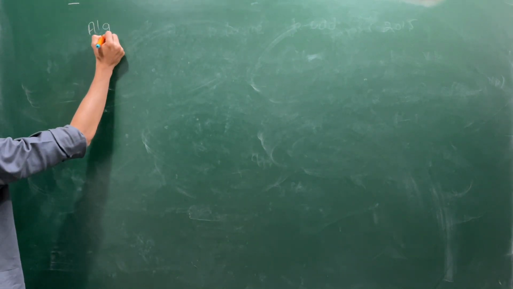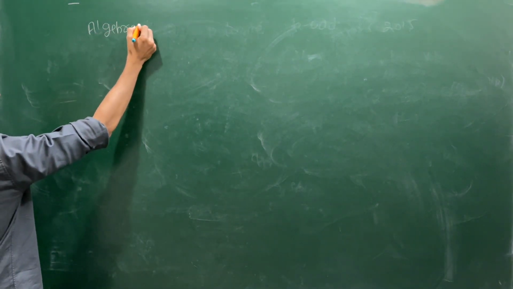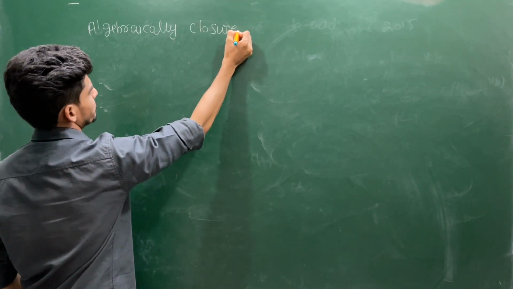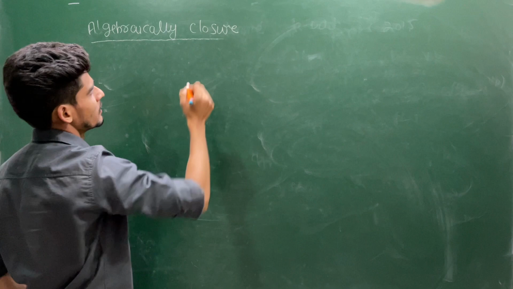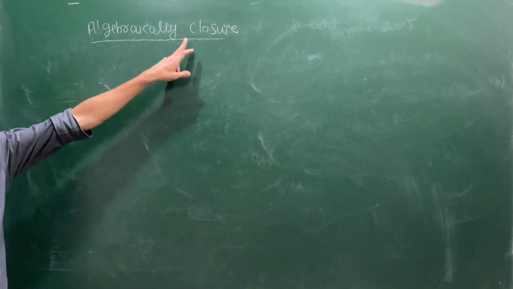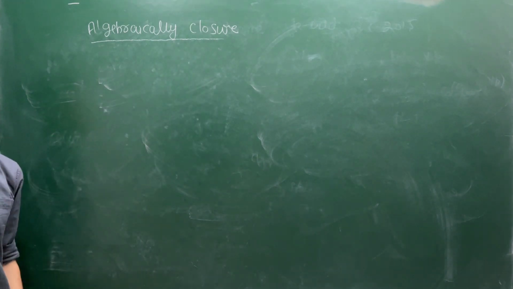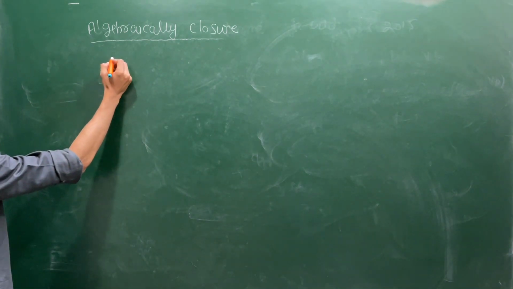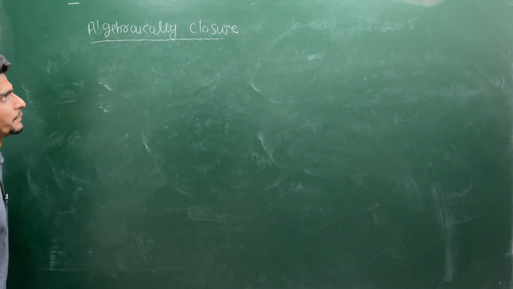Let me write the definition of algebraic closure. Some people call it closure, some people call it closure, so whichever you like you can say. Suppose we have a field.